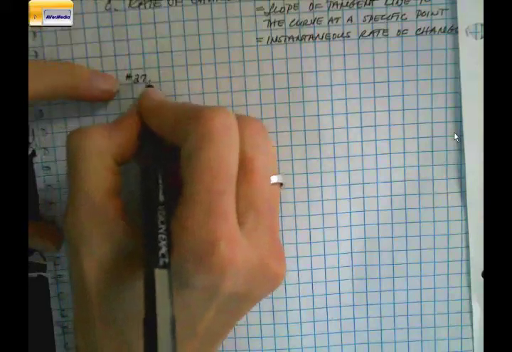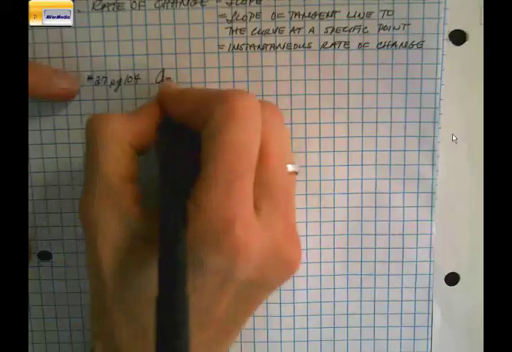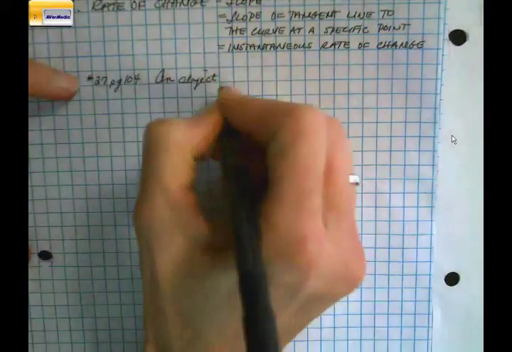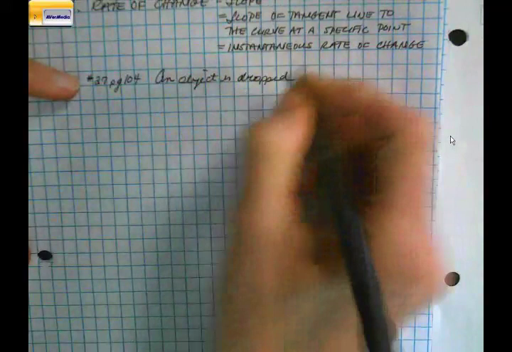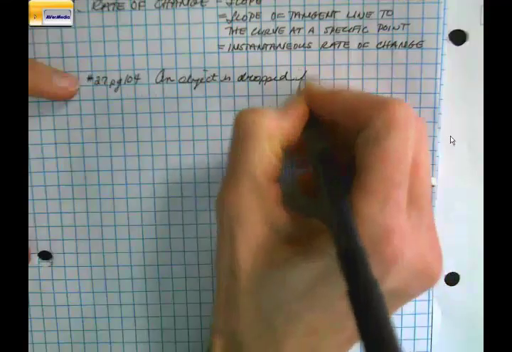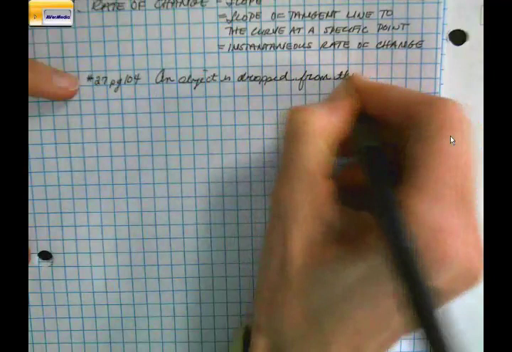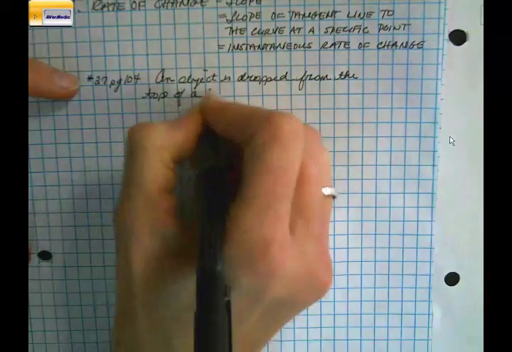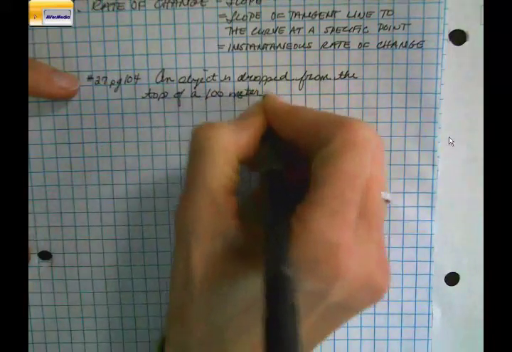Here's what the question looks like, and here's my reference. This is number 27 on page 104 in the book. So if you go into my math lab to take a look at this, the question says, an object is dropped from the top of a 100-meter tower.